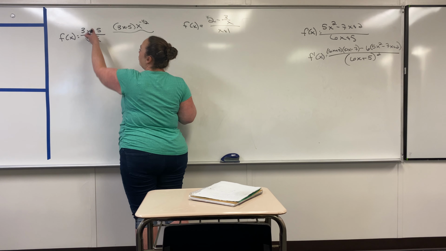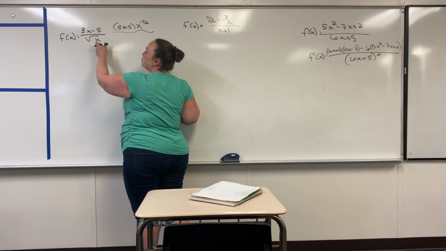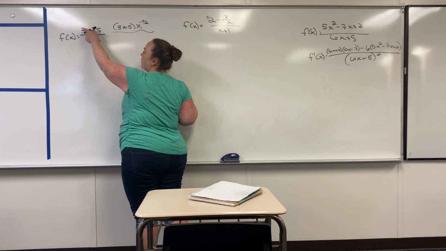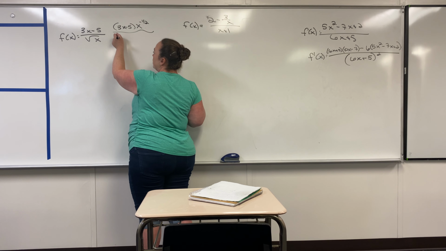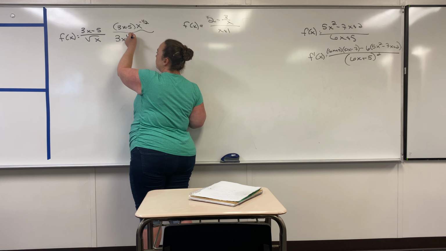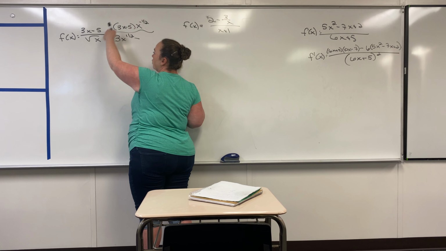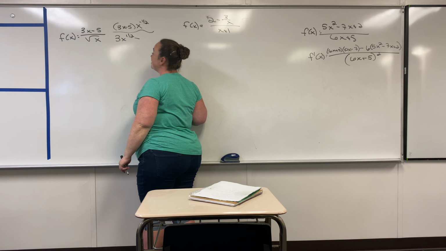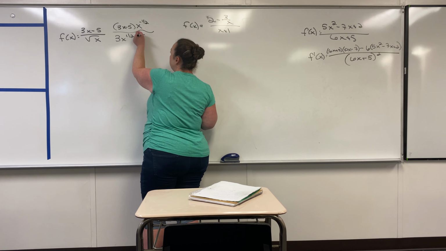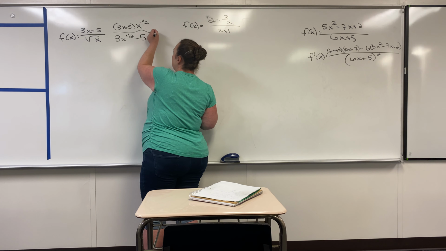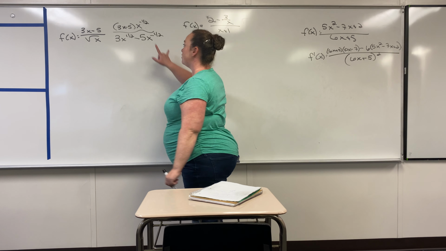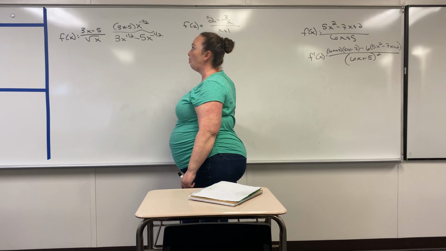Or you can put them both over the square root of x and just pull a half off of each of the powers. So here you have x over x, which then is really just 3x to the half, minus, this is 5 over the square root of x, and because it's not an integer, I would just write it like this, and then you just have to do power rule twice.